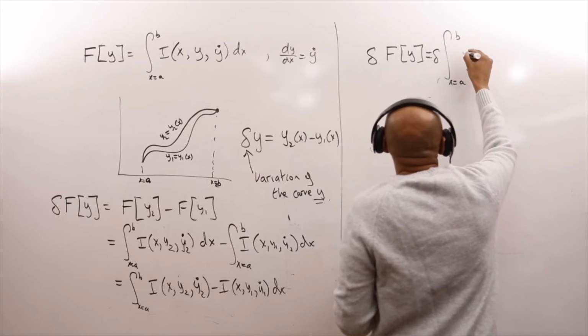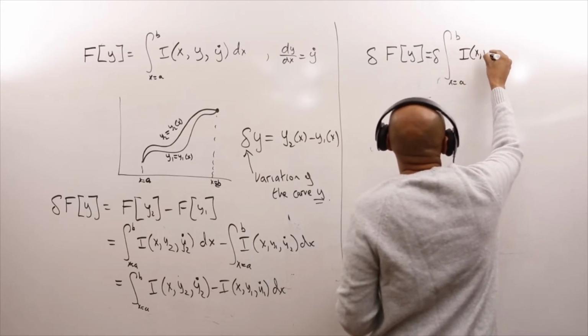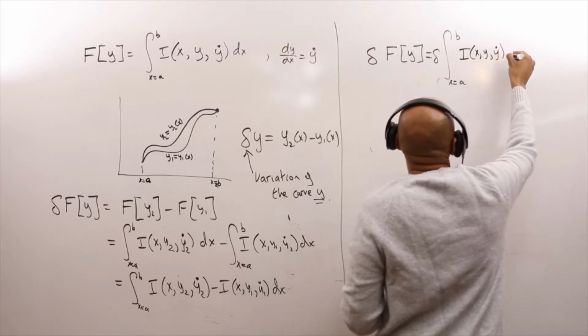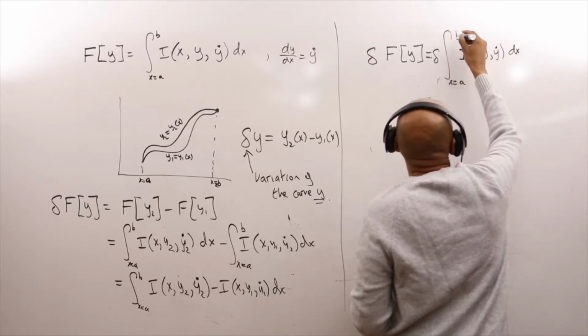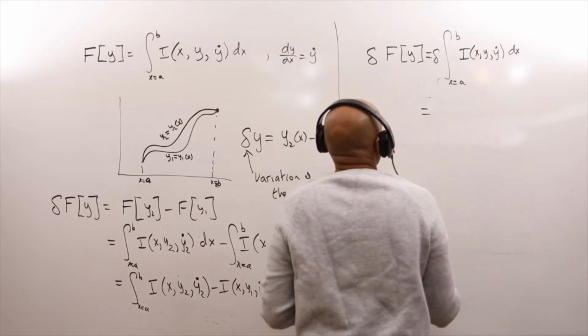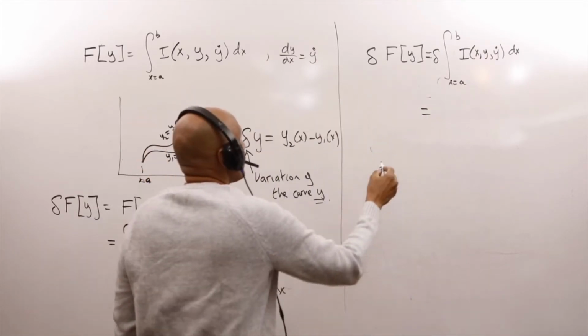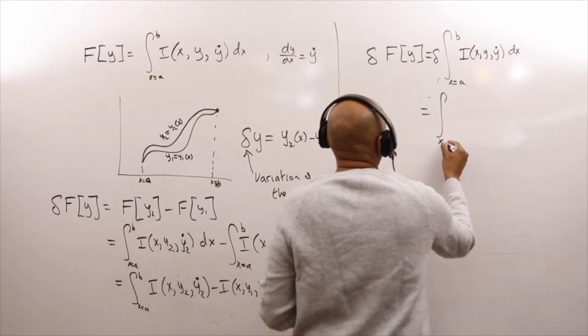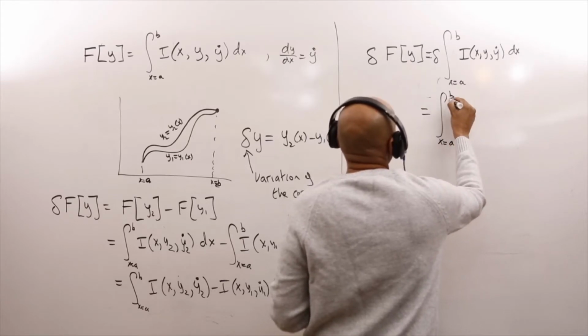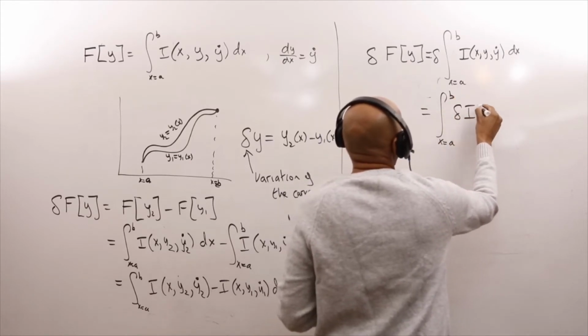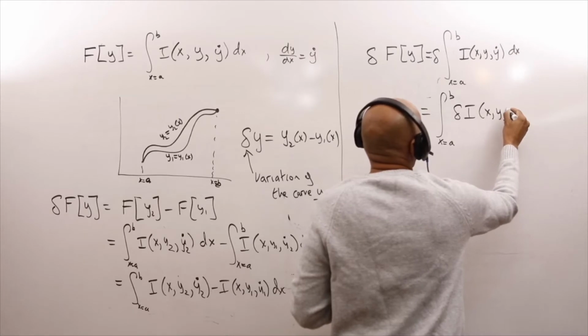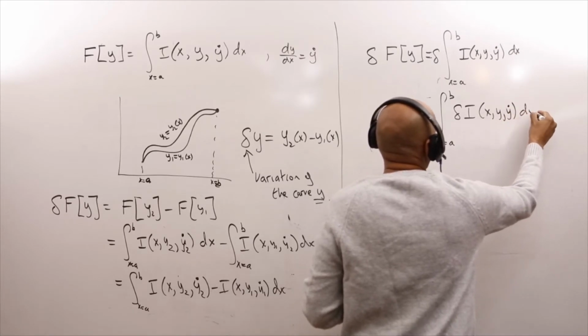So this is the difference between the integral of x, y, y dot dx. And so this statement says that that's really x equals a to b, and the variation of I, x, y, y dot dx.